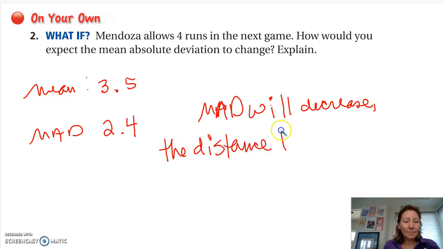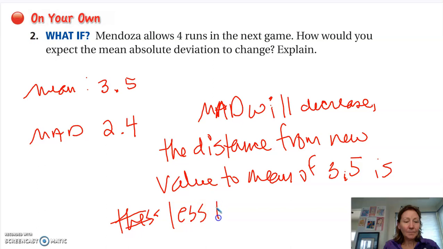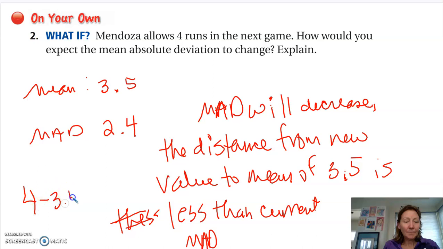The distance from new value to mean of 3.5 is less than the current MAD. Right, because he allowed 4 runs and the distance from 4 to 3.5 is 0.5. So it might go down a little bit, but he's still less consistent.